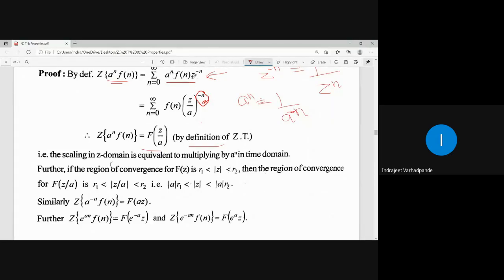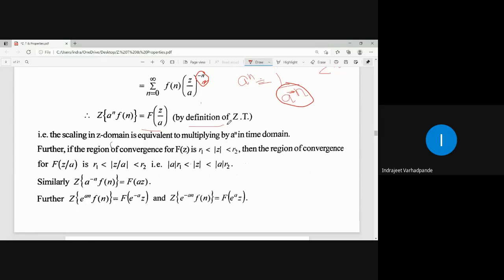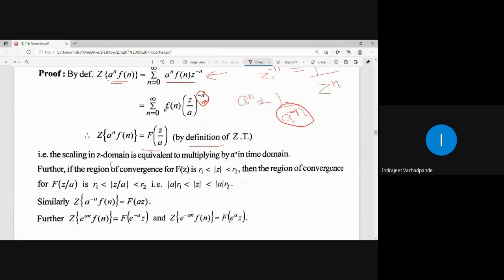So a to the power n into z to the power minus n, convert this a to the power n into negative form by shifting it to the denominator, and whatever f of n is multiplied by, with its power negative, that will be the output of the z transform. So Z of a to the power n into f of n is f of z by a.